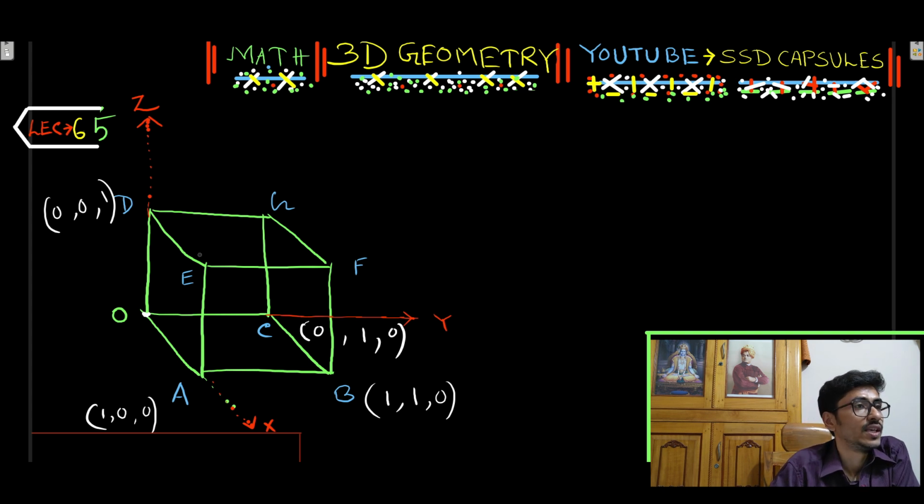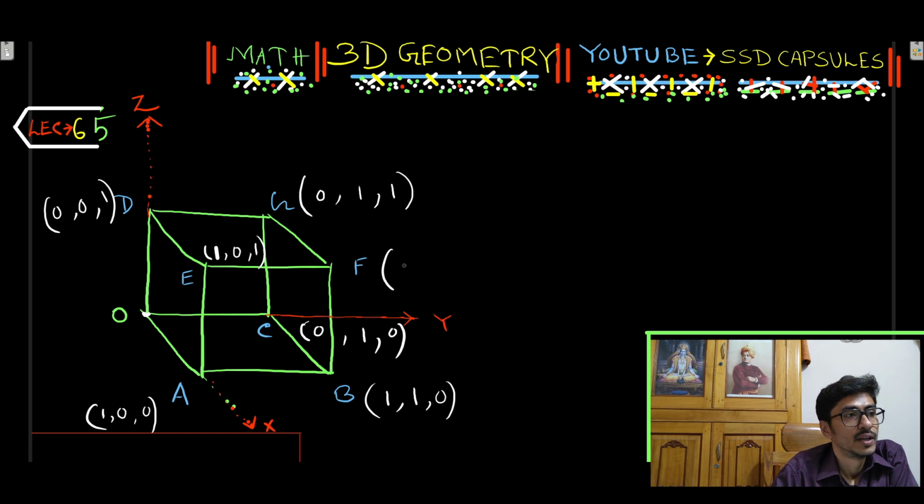Okay, so now E, coordinate of E: x 1, y 0, z 1. Coordinate of G: towards x-axis 0 unit, towards y-axis 1 unit, towards z-axis 1 unit.